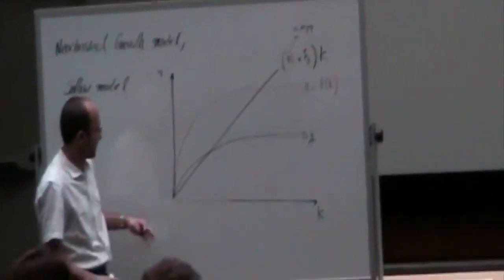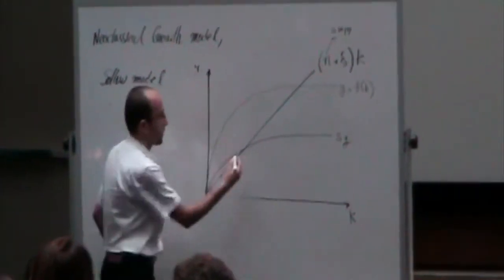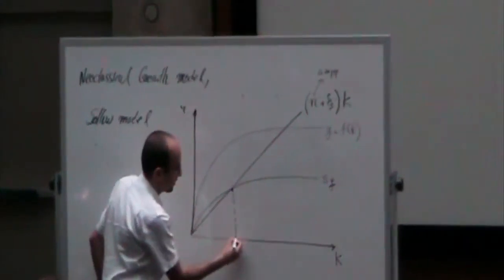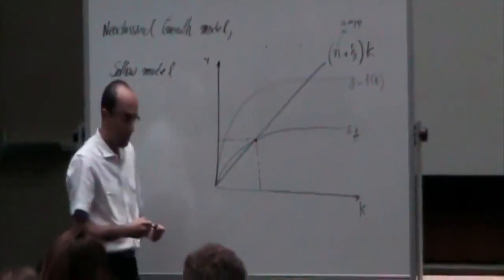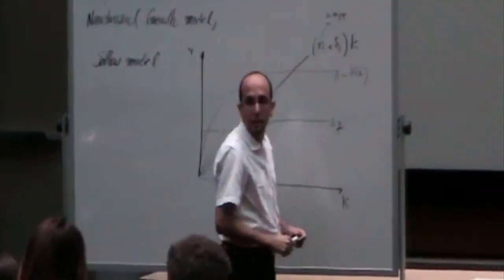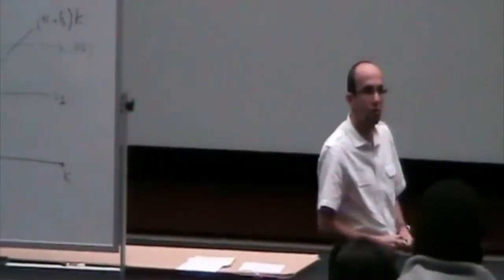So what Solow says is that you have a steady state of the economy. I will tell you what it means. Like every other supply and demand graph where you find an equilibrium, there's an equilibrium condition for growth in the economy of a country at a very aggregated level.